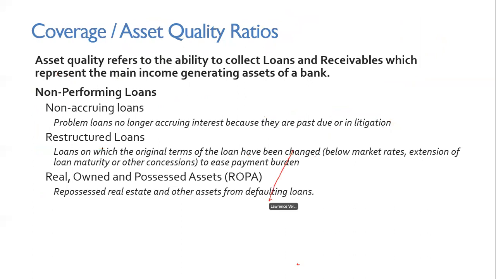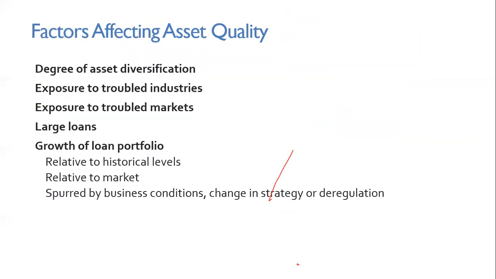What are the factors affecting asset quality? So obviously, number one, degree of asset diversification. If you're more concentrated in one kind of customer class, then your asset quality decreases. So for example, sa iyong loan portfolio, masyado nang heavyweight, 50% or 60% na is loans to real estate companies.